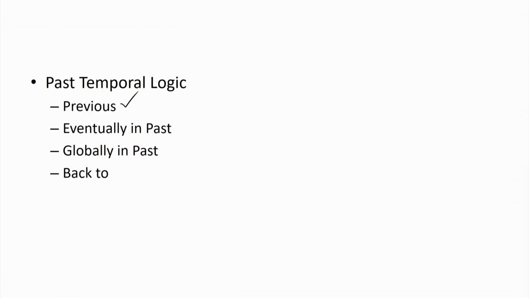In future logic we have the operator future, so here we have eventually in past. In future logic we have the global operator, so in past logic we have globally in past, and for the until operator, in past logic we have the back to operator.